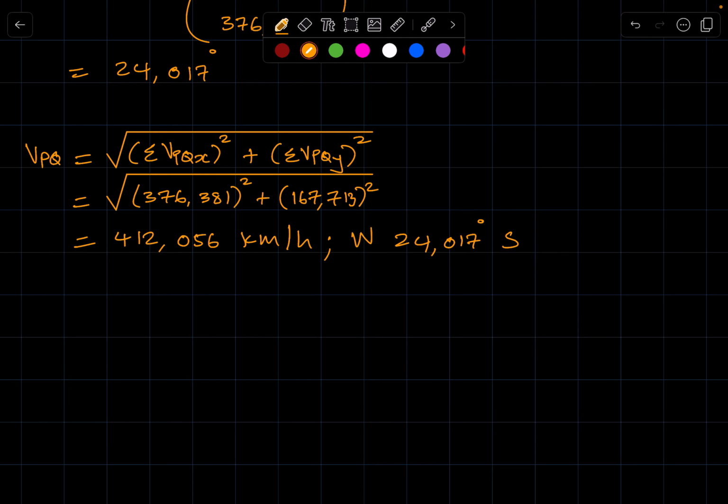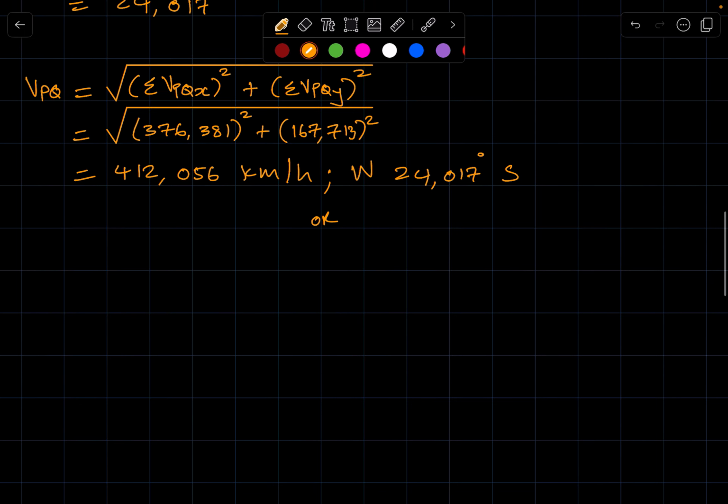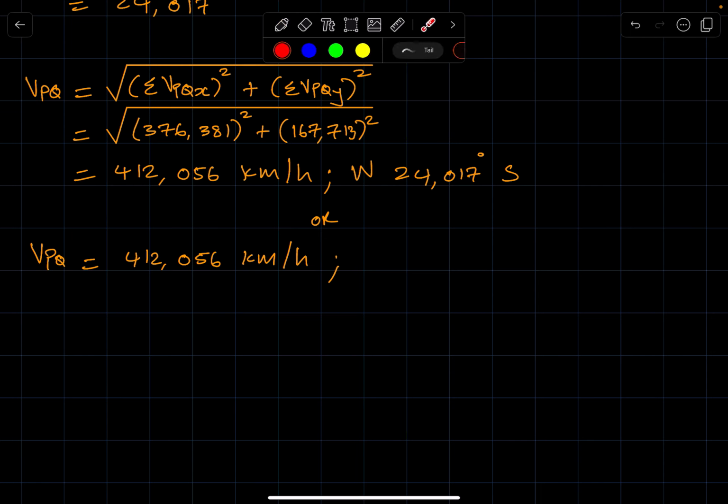Had we used an angle that is referenced from the y-axis, it would mean that VPQ is equal to 412,056 kilometers per hour. For the direction, if the angle you use is referenced from the y-axis, the y-axis we've already established is south, so you'd have south first here.